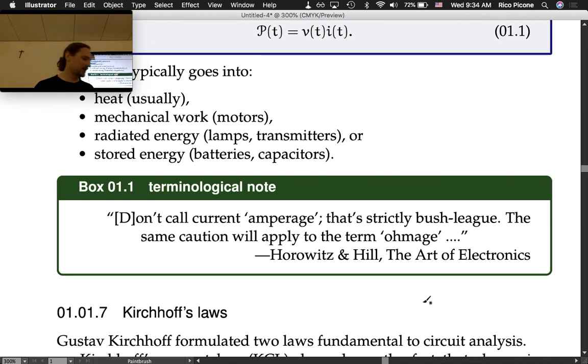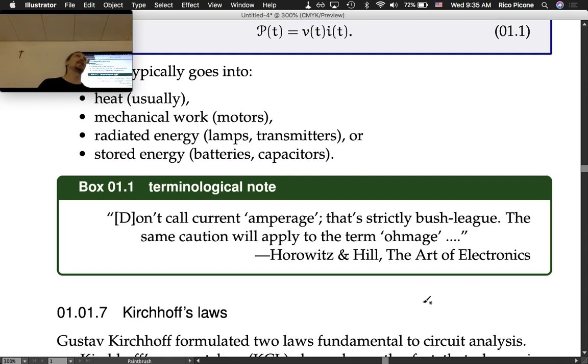So, a terminological note, and maybe I put this in there because I think it's kind of funny, and it gives you an idea of what reading this Art of Electronics textbook is like, maybe to motivate you to read the actual prose from the text. They say, don't call current amperage. That's strictly Bush League. I always liked it when they said that. The same caution will apply to the term ohmage for resistance. You don't like to use those terms.